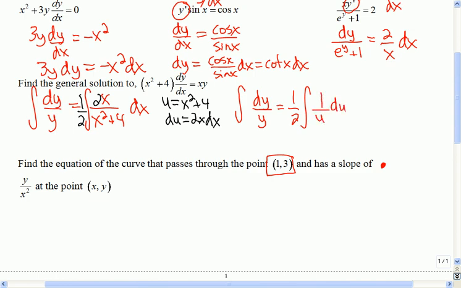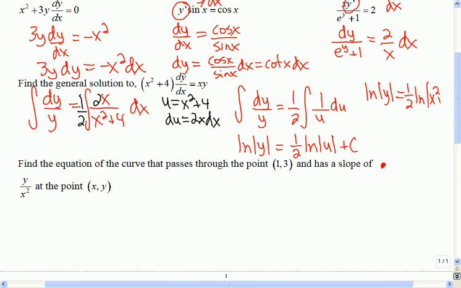If I integrate both sides here, this is going to be the natural log of y equals 1/2 the natural log of u. And of course, u is equal to x squared plus 4, so I'm going to have natural log y equals 1/2 the natural log of x squared plus 4.